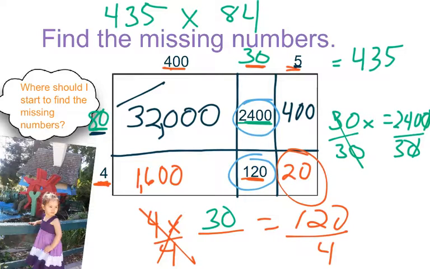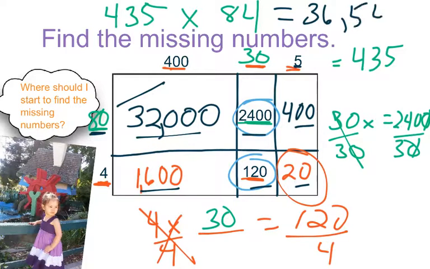And it didn't ask me to solve in this case, so I can add all those totals together to solve if I need to. 32,000 plus 2,400 plus 400 plus 1,600 plus 120 plus 20 would give me a grand total of 36,540.